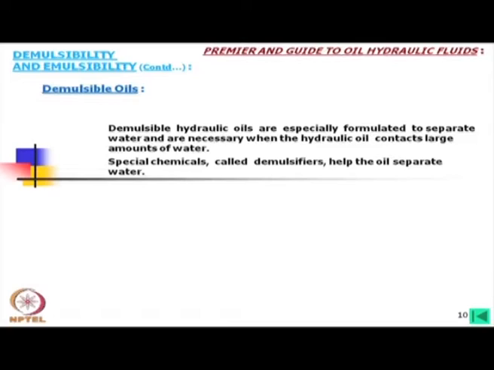Special chemicals called emulsifiers help the oil separate water.